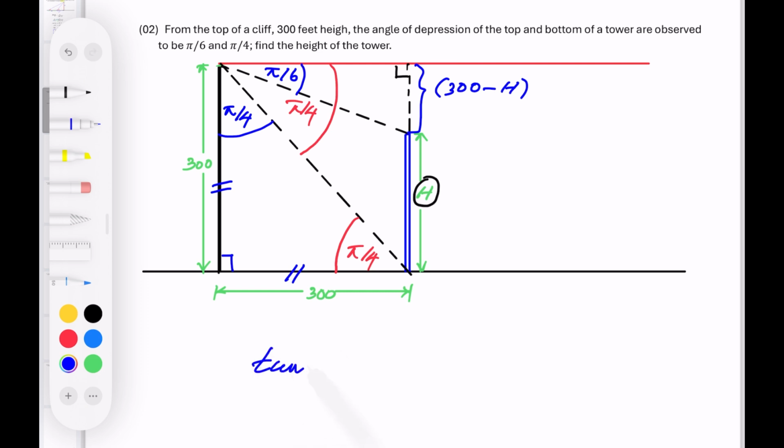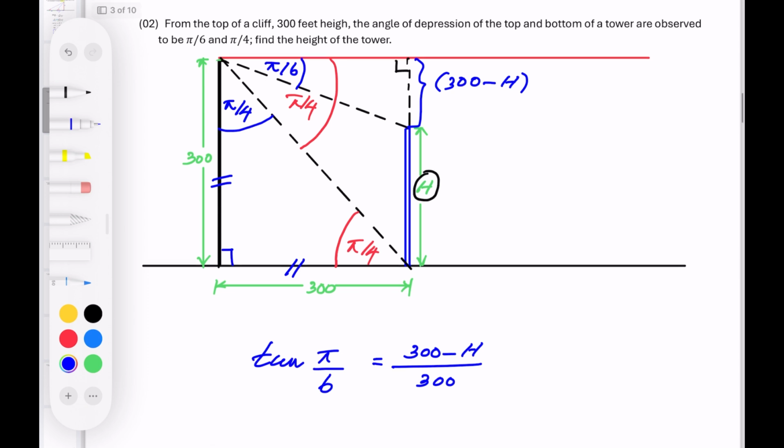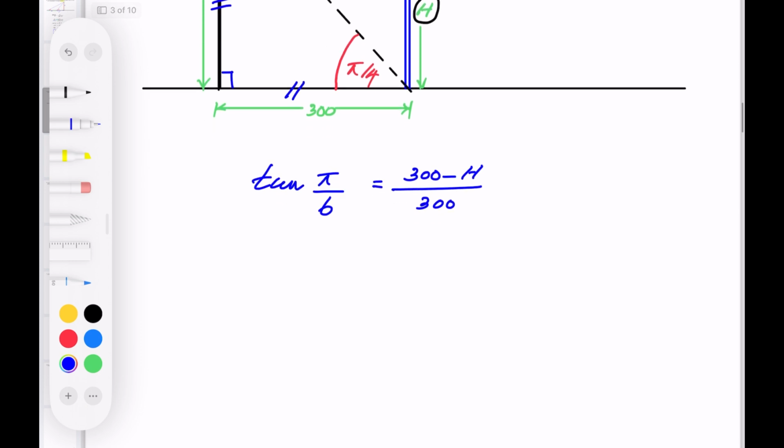Tangent pi over 6 should be equal to the numerator 300 minus h divided by the denominator 300. Now by solving this equation, we can quite easily find the value of h. We know that tangent pi by 6 is equal to 1 over square root 3. This is equal to 300 minus h divided by 300.